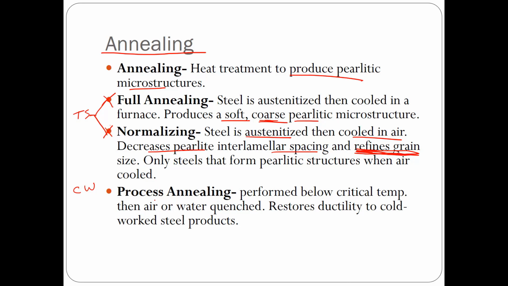That would be 100% process annealed, or partial process annealing is just to restore ductility to our cold work steels. Because when we cold work them, our ductility goes way down. So we need to get that ductility back. So we process anneal it a little bit. If we heat it up too much, we'll wipe out all of the cold work, and then it'll be right back to what it was before cold working.